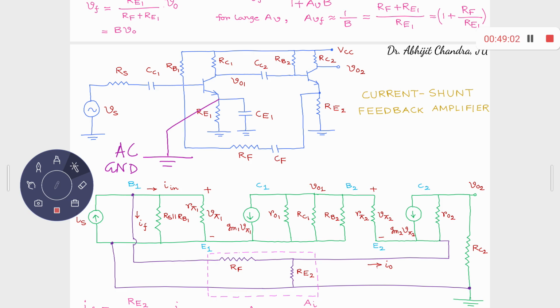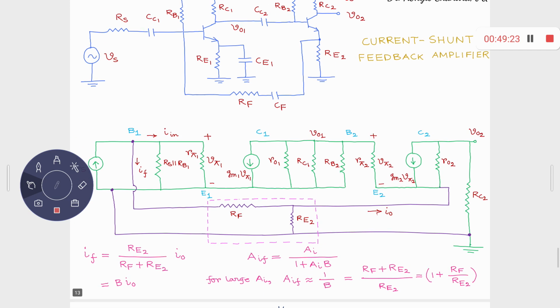And therefore, you can represent both of these last two types of feedback amplifiers, current shunt and voltage series, using either common base or common collector. Is it clear?